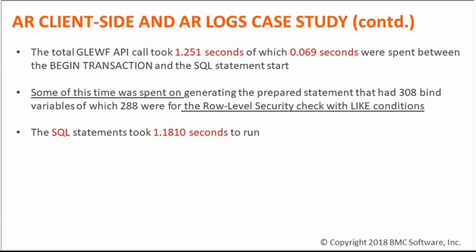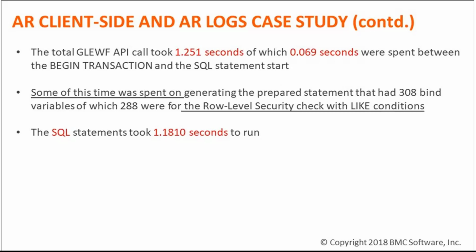So in this case, just under 0.07 seconds was spent generating a prepared statement which had 308 bind variables, out of which 288 were for row-level security checks. As I mentioned, this particular customer had 27,000 odd support groups and about 5,000 companies in their database.